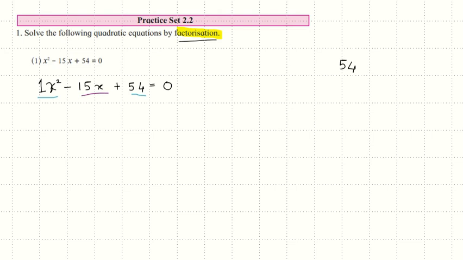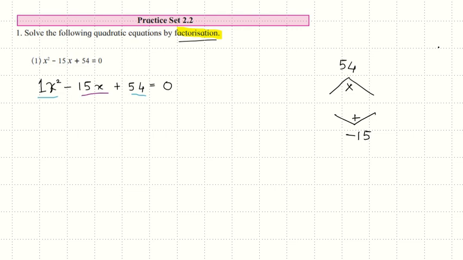Here we need to find two numbers whose product is 54 and whose sum is the middle term, which is minus 15. Again, I will repeat: we need two numbers whose multiplication gives 54 and whose addition gives minus 15. So we find the factors of 54.